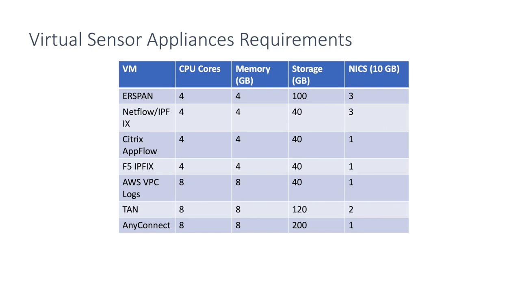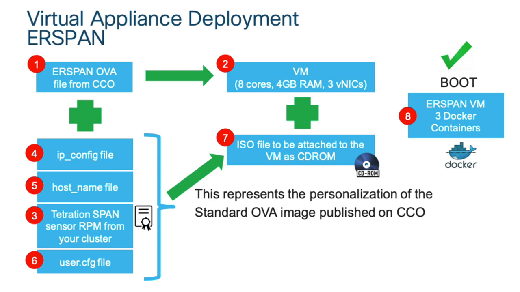So how do we get all this actually deployed? So to start, we need to download the Tetration virtual appliance OVA from Cisco CCO. From that, we create the VM and provision it from the specs that we were just talking about. Now, from your orchestrator, we need to download the agent RPM.